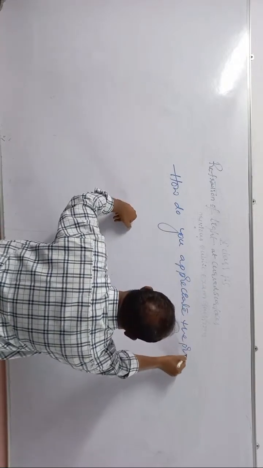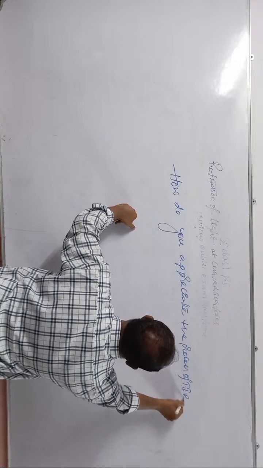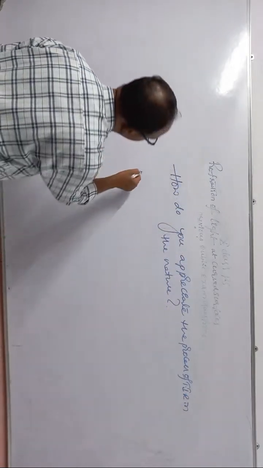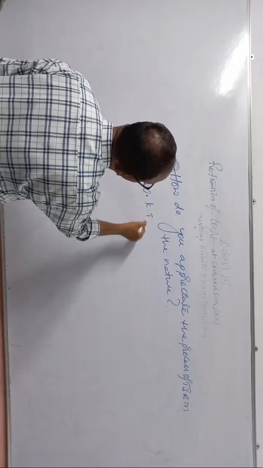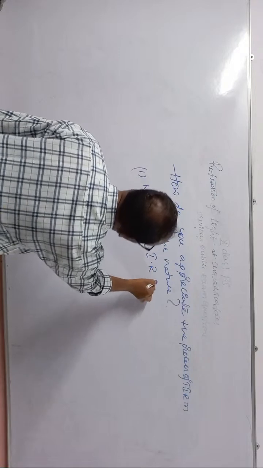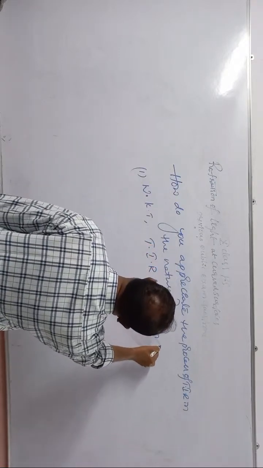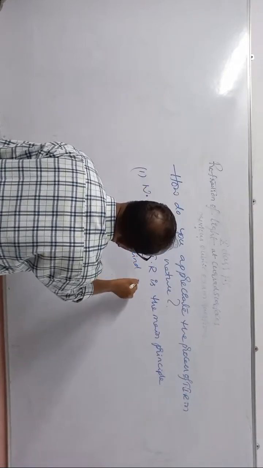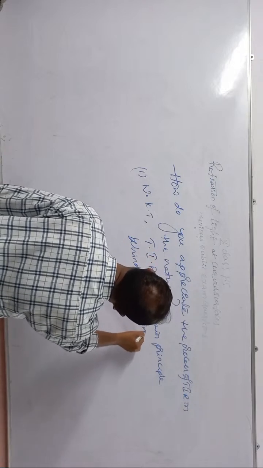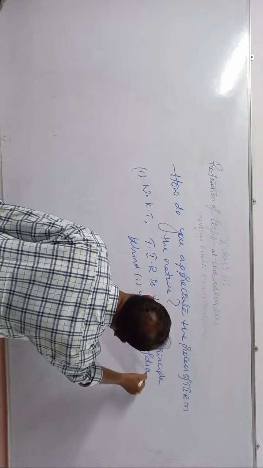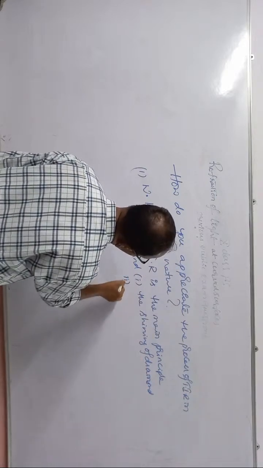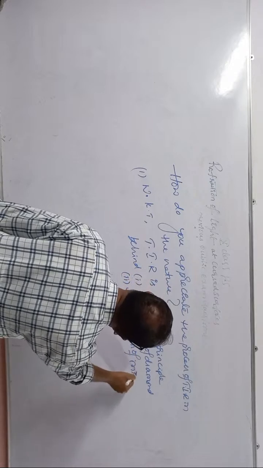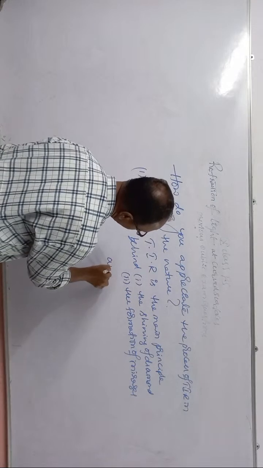We know that total internal reflection is the main principle behind one, the shining of diamond, second, the formation of mirages, and many more.